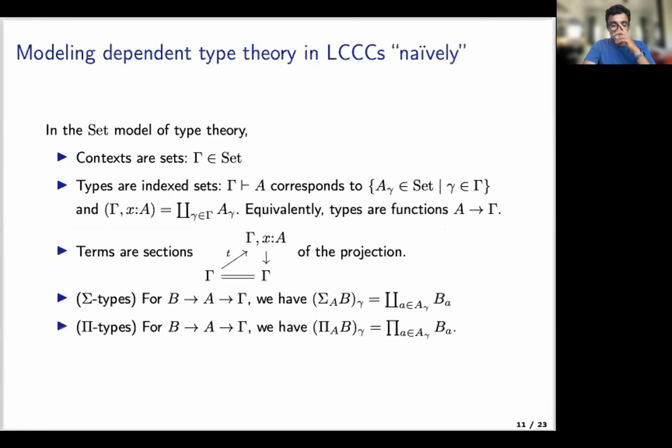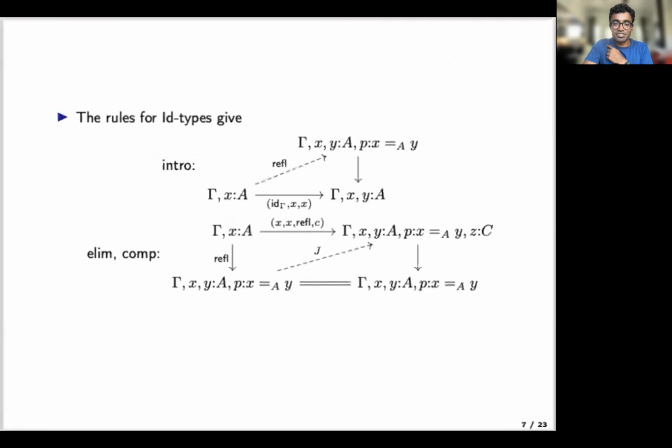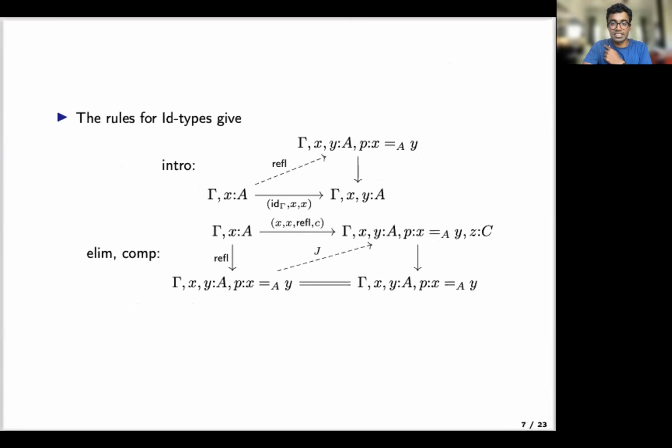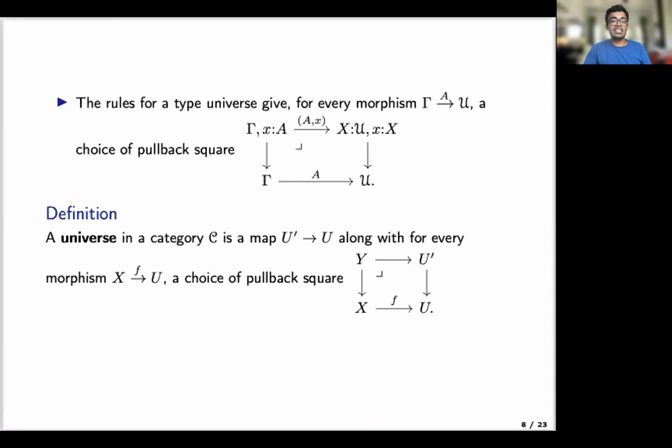So the strictness of syntax makes all of this structure on C strictly stable. What that means is it's stable under substitution, but also all of these choices of structure are strictly associative, and the choices for identity are literally the identity, pullback squares, for example, in all of this structure on the syntactic category.